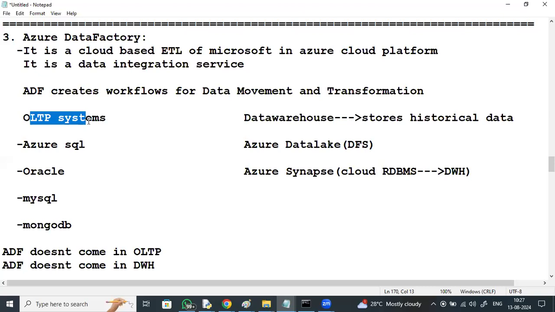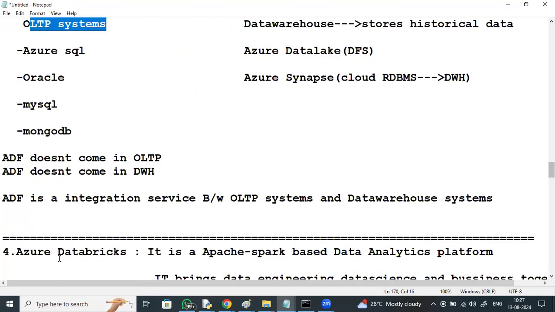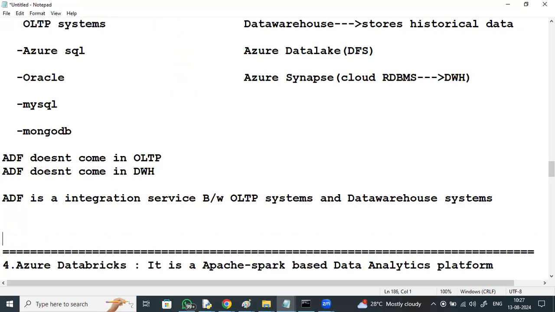How to bring these transactions into the warehouse systems?